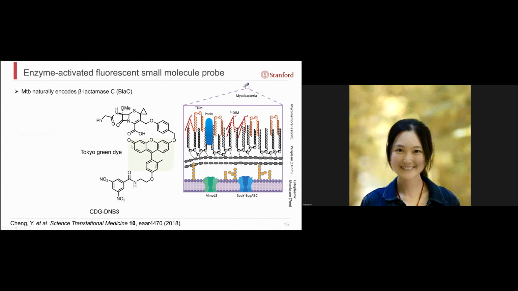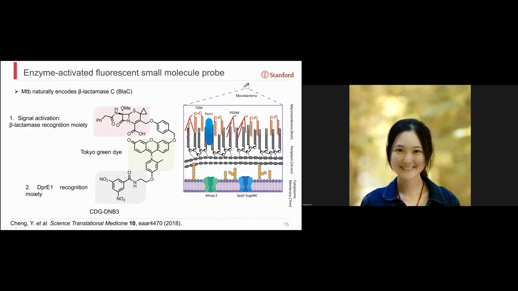So in this case, we can attach a dye on the scaffold as a reporter, and also attach the first recognition site, which is the beta-lactamase recognition moiety. And then by attaching a second recognition group, we could achieve a further and more specific detection of the bacteria.